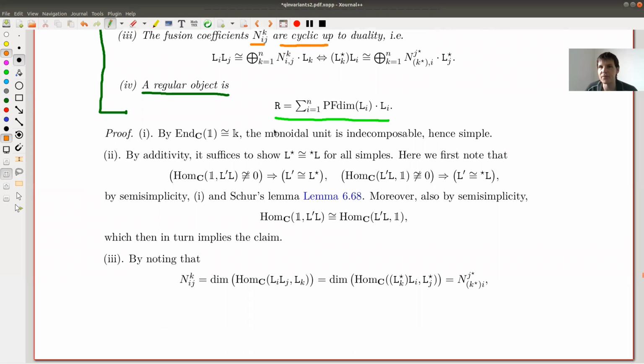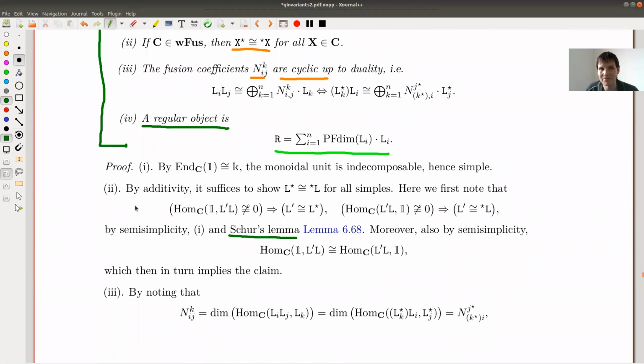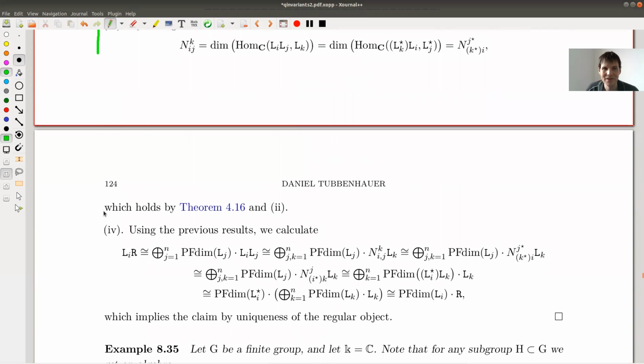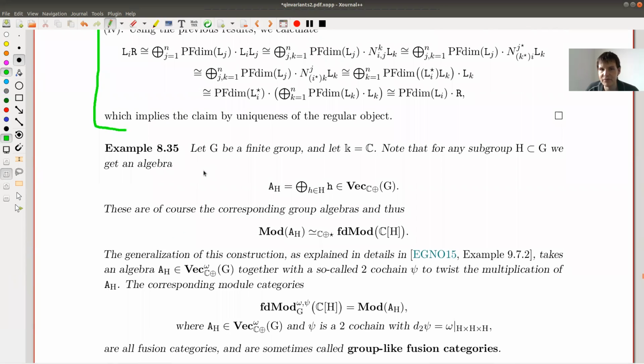Not super important, so something to just read in the lecture notes, which are linked in the description below. The proof only uses versions of Schur's lemma, which I just showed you: hom spaces are trivial, and you use it in several incarnations. That's basically the proof of this whole proposition. So the trivial hom spaces really help.